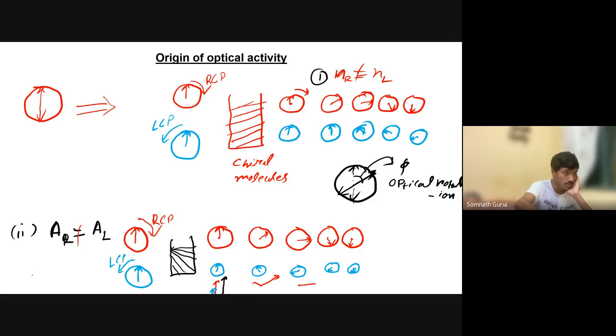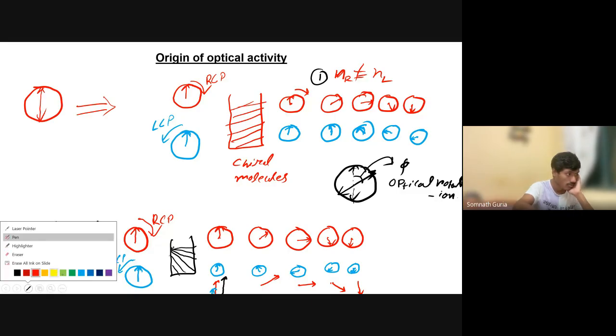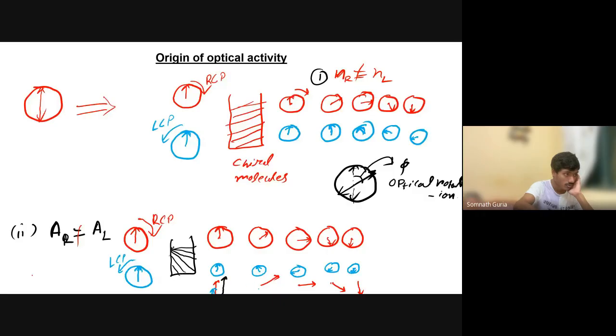Let's draw the red first, and then this will be my resultant vector.